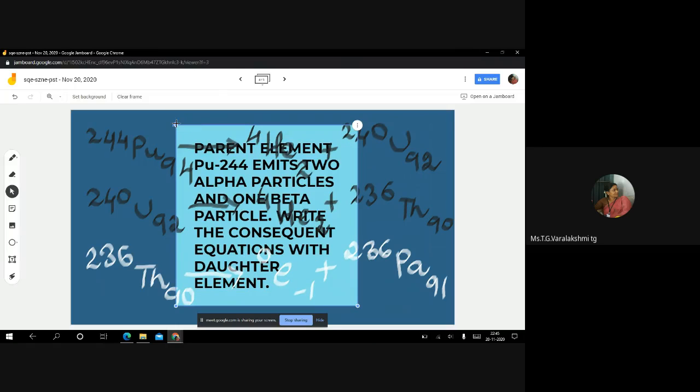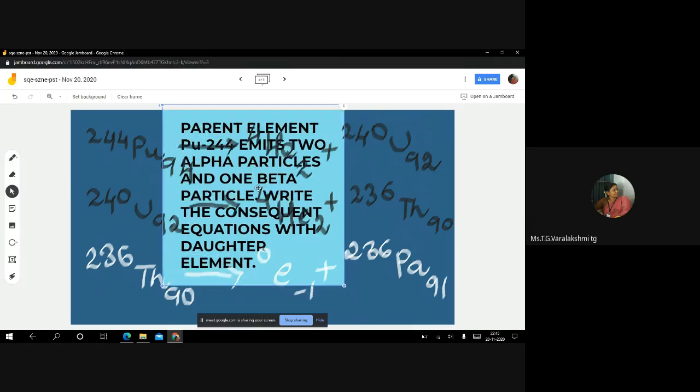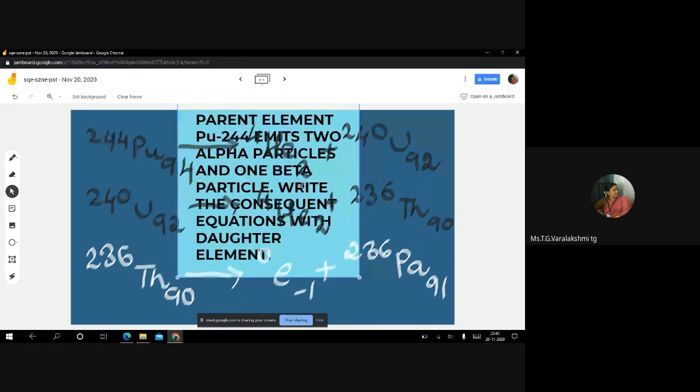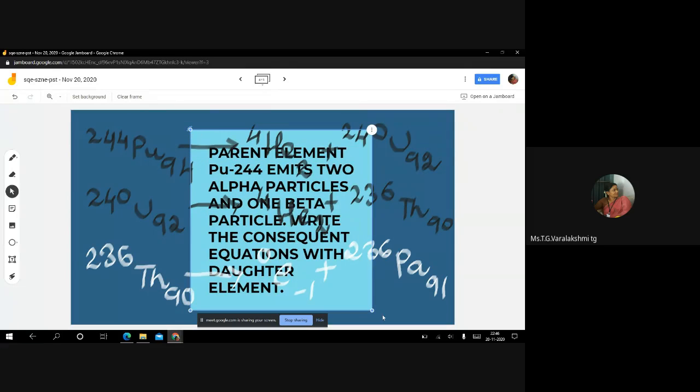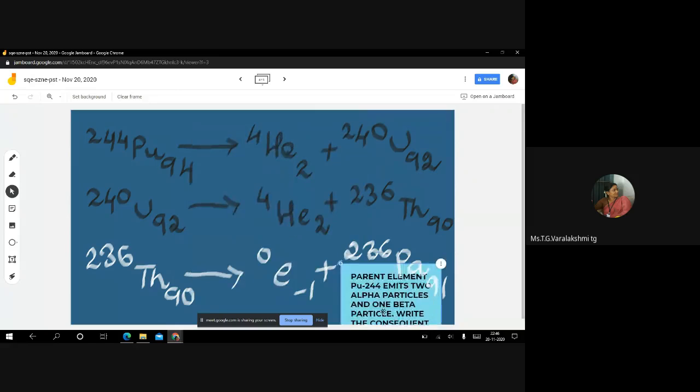So you should know that alpha emission, or alpha decay, gives helium nuclei. Beta decay always gives you an electron. Alpha decay emits helium nuclei and beta decay emits electron. So the same thing is given here, so we can find it.